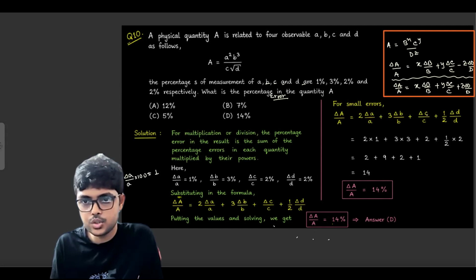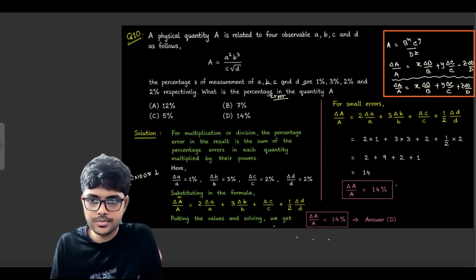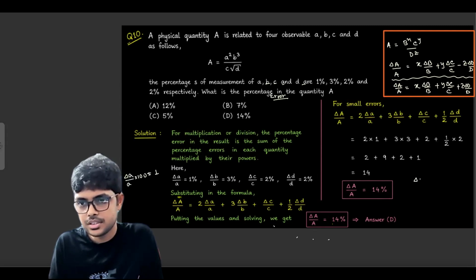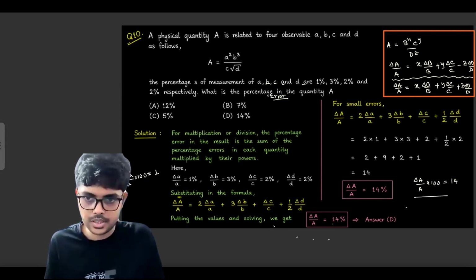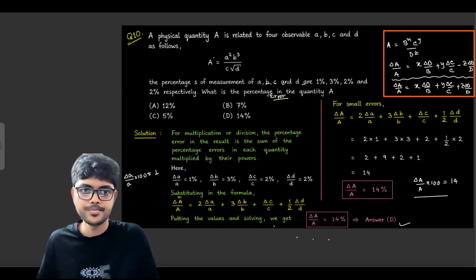Del C by C 2%, so 2, del D by D half, del D by D 2, so 1. So we add all that: 14. So del A by A is 14%. Actually, del A by A into 100, the percentage error of A, is 14. Okay. So that is what we calculate here. The answer is D.